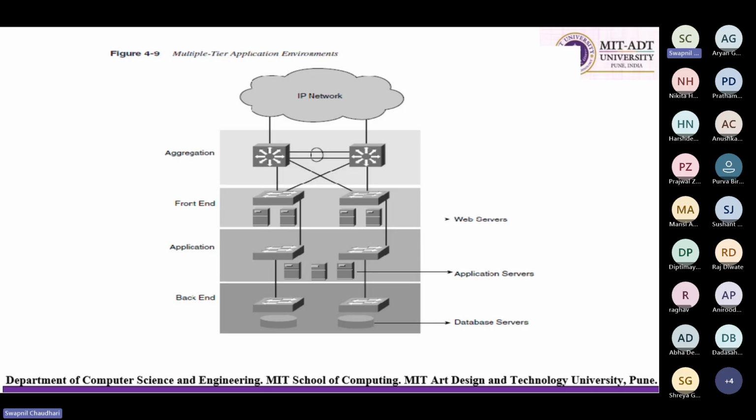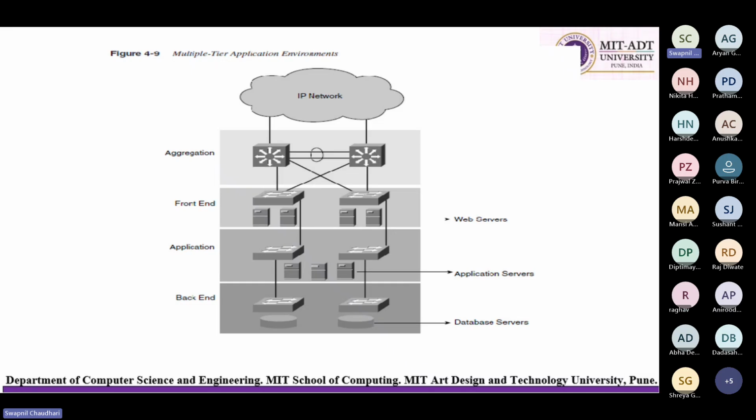I don't think I need to explain the aggregation layer protocols or switches. Next comes the front end layer, which contains the web servers. This is the first point of contact for users, and it handles HTTP and HTTPS requests on a web server.